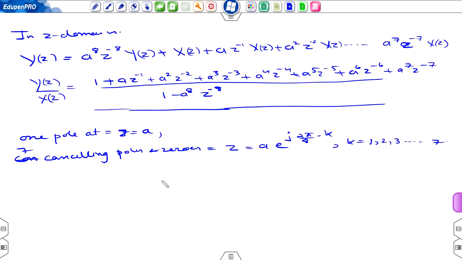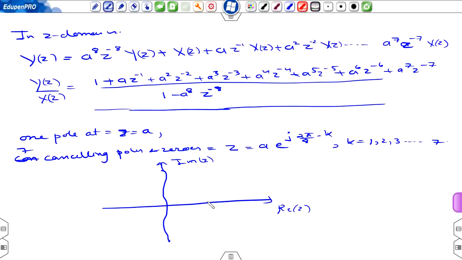Okay, so I can represent them on a graph. So this is the real z axis, imaginary z axis. So in the z plane I can draw them.